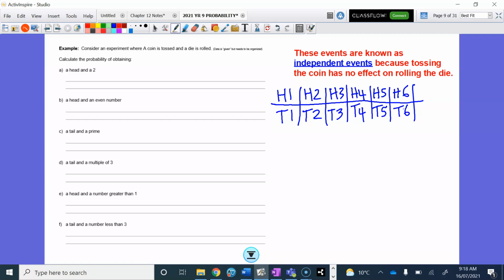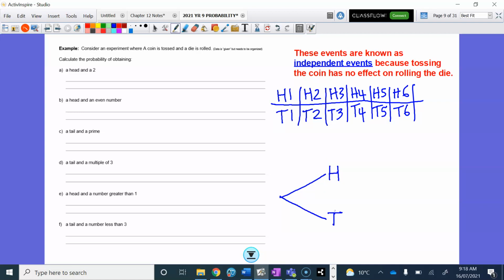If you decide you're not that keen on a table and would rather do a tree diagram, the same idea would work. For our first experiment, tossing a coin, I've got two outcomes. I could get a head on the coin or a tail.